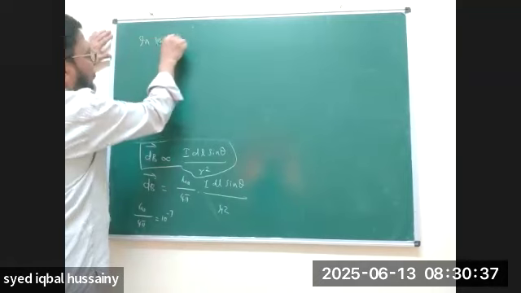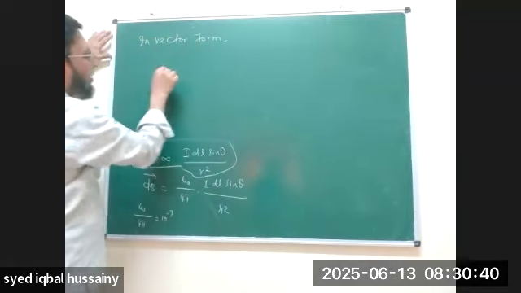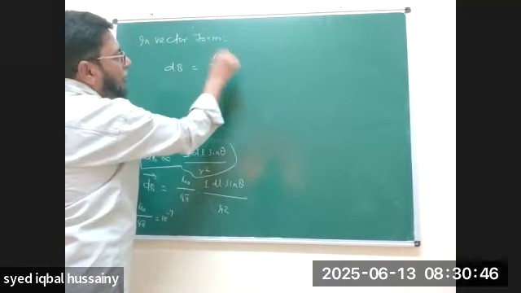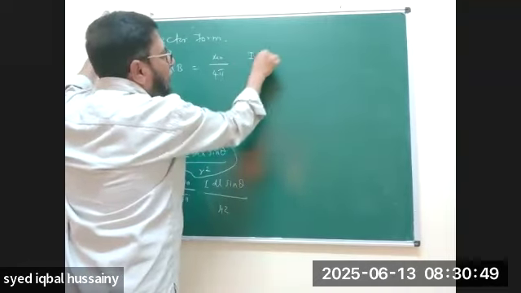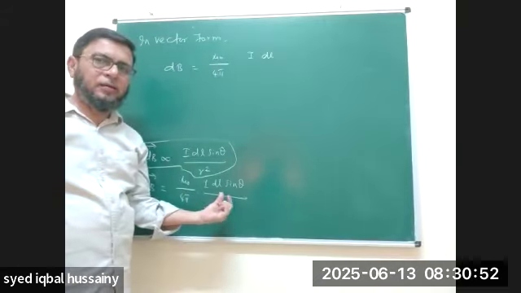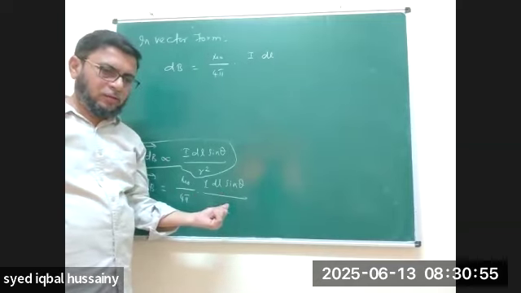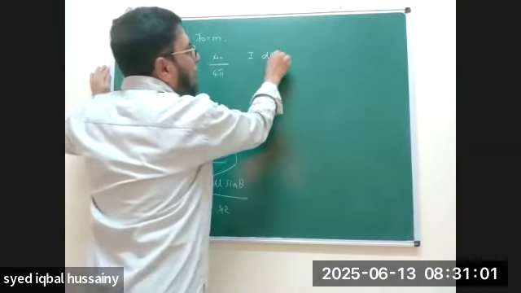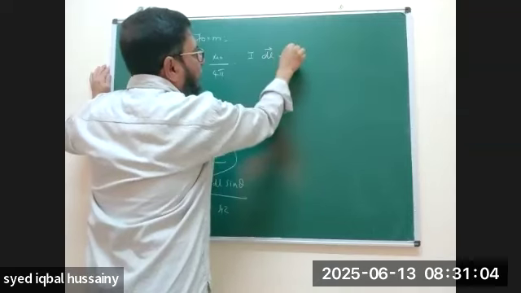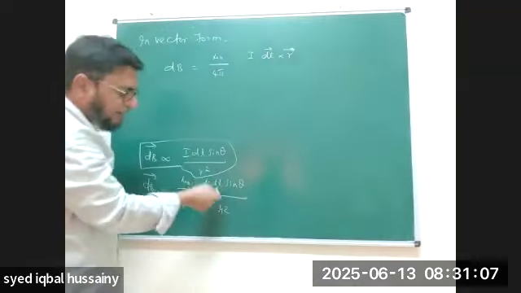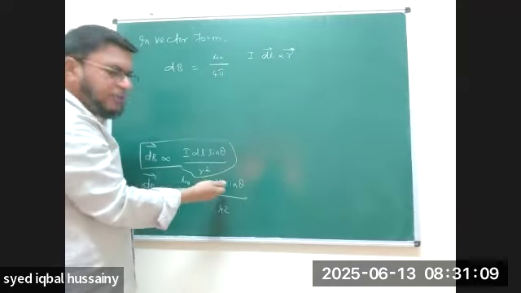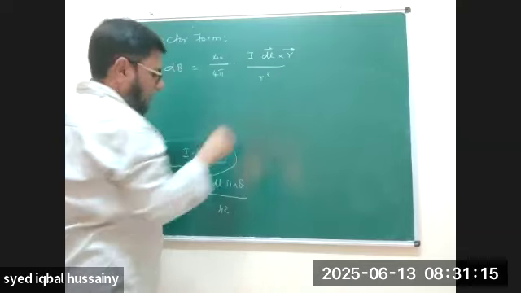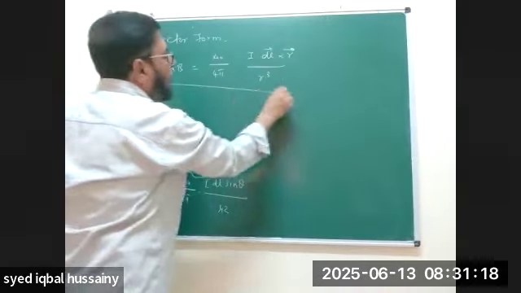In vector form, dB is equal to mu naught by 4 pi into I dl vector cross r vector. In vector form we should not use sin theta, because sin theta is the angle between dl and r, which I explained just now. Since we are using the cross product, we put r cube in the denominator. That is the vector form.